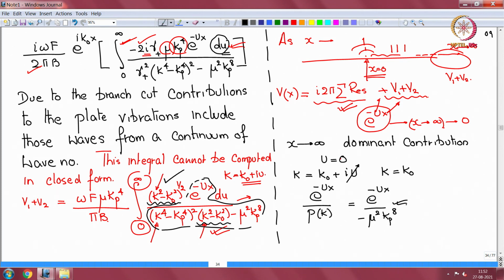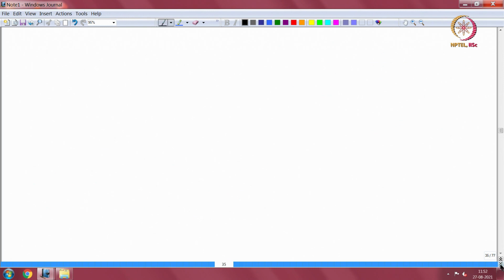There is still this portion. Now we have V1 plus V2 equal to omega f mu Kp fourth by pi b, minus mu squared Kp8, integral 0 to infinity.